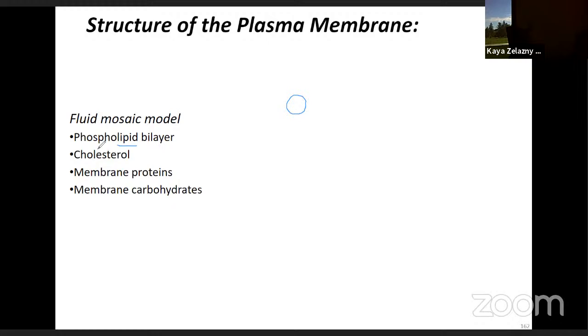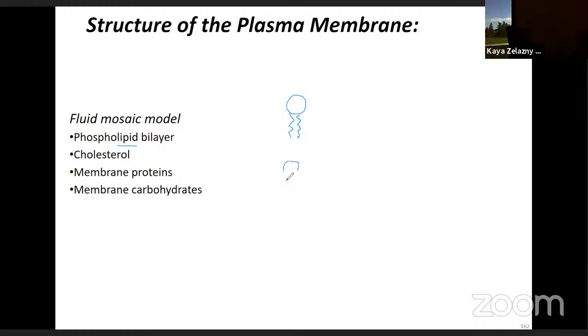What's special about a phospholipid? Exactly. So here we have our hydrophilic head. That's the phosphate group I've just drawn on. And then we have our nonpolar hydrophobic tails, which means they have to line up in a specific way, right?